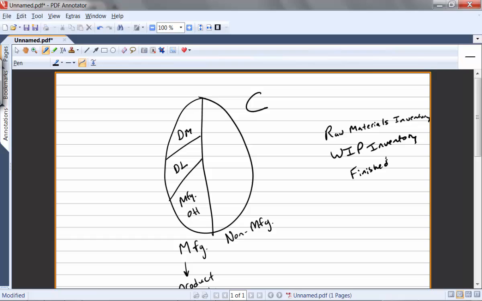And once the finished goods leave the shelf, once they're sold, then all the costs related to those goods, which included costs for the raw materials, cost to convert them from raw materials to finished goods, so work in process stuff, leave the shelf and they're converted over to expenses.